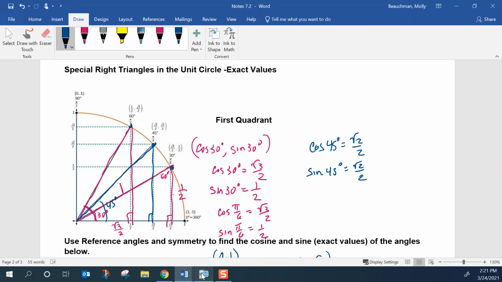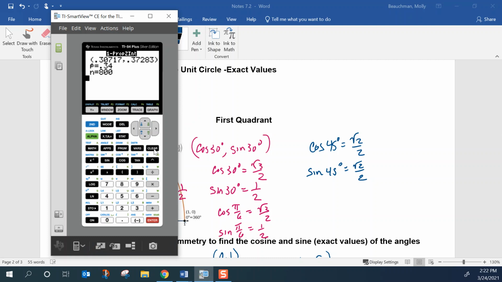If you were to use the calculator to find the sine or cosine of 45 degrees, let me make sure my mode is in degrees. If you use the calculator, the sine of 45 degrees gives you the decimal equivalent, 0.707106. So if you use the calculator, you're always getting an approximation and you have to round.